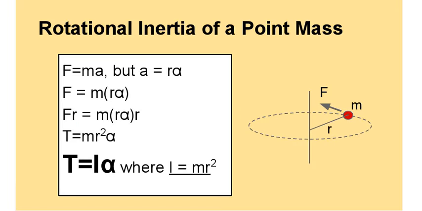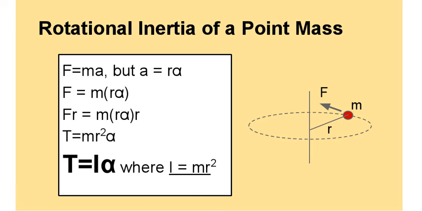Now, when we think about Newton's law, we had F equals ma, right? There's Newton's second law right there. So we're going to play a little trick right here. Here's that substitution, a equals r alpha, that we've used before.